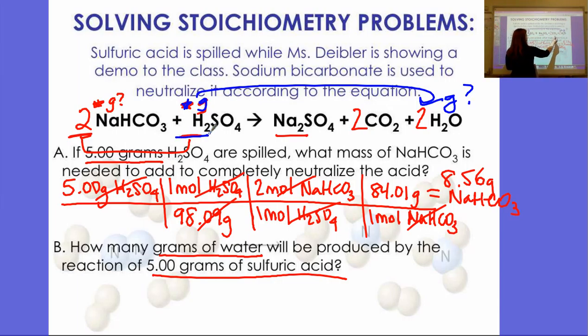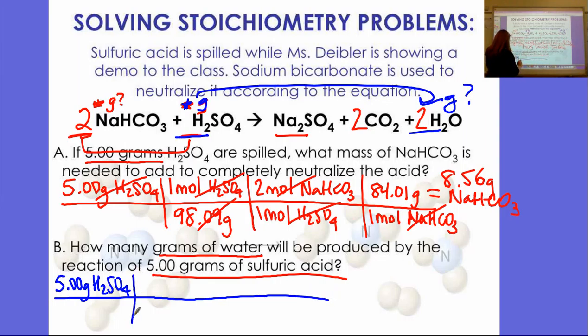My ratio again is going to be 1 to 2. So I start with what I'm given. 5 grams of H2SO4, same mass, 98.09 grams in 1 mole of H2SO4.